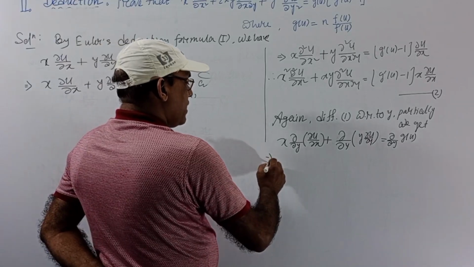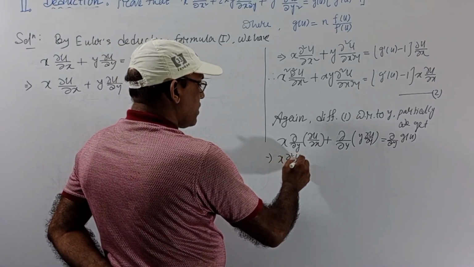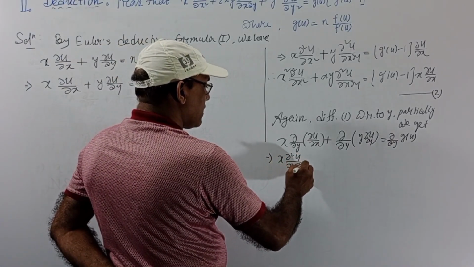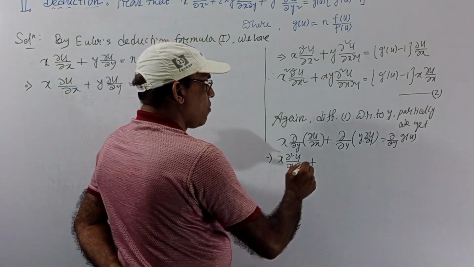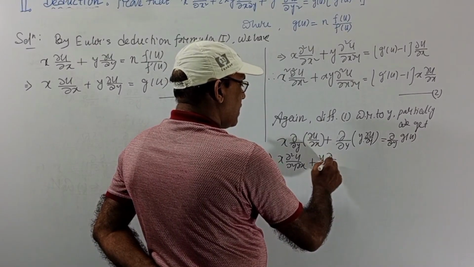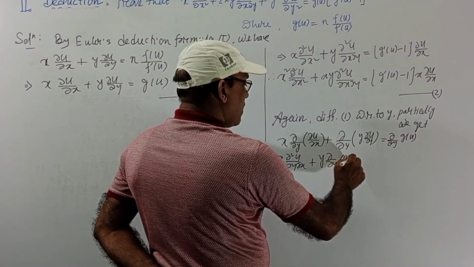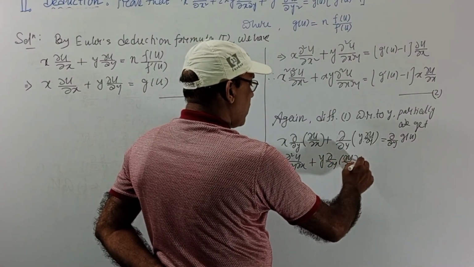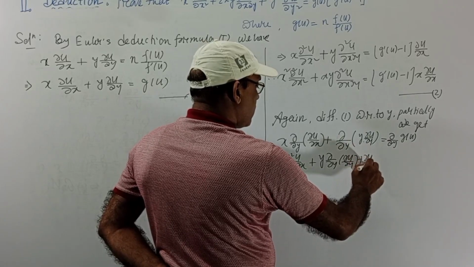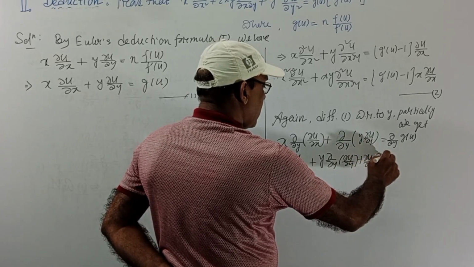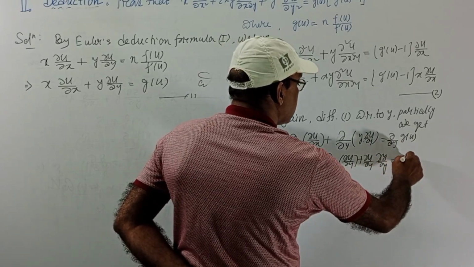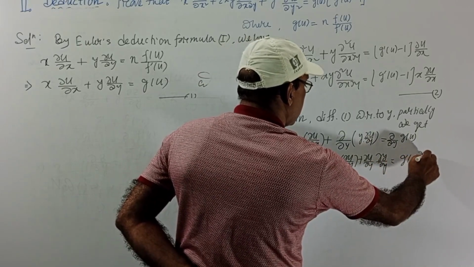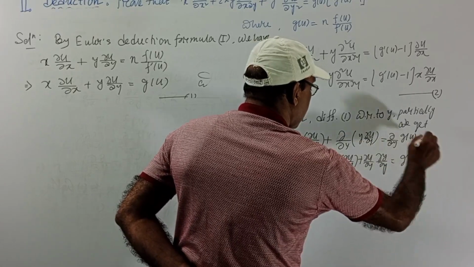and this will be x del square u by del y del x. This is a product of two functions, y del by del y of del u by del y, plus del u by del y into del y by del y, and this will be g dash u del u by del y.